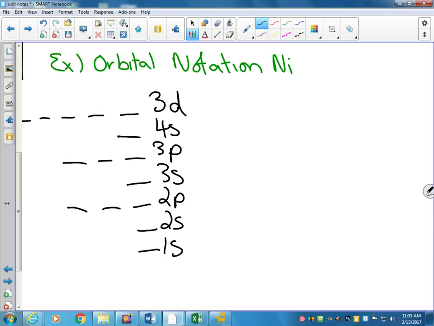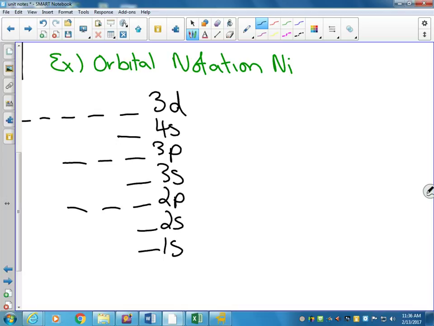That's perfectly fine if you can do that. Question: does it matter which side the line's on? It doesn't matter. Some people write the 1s's all on the left-hand side and then draw the orbitals the other way. That's perfectly fine. I always do it this way because this is the way I was originally taught. I don't think it really matters either way.